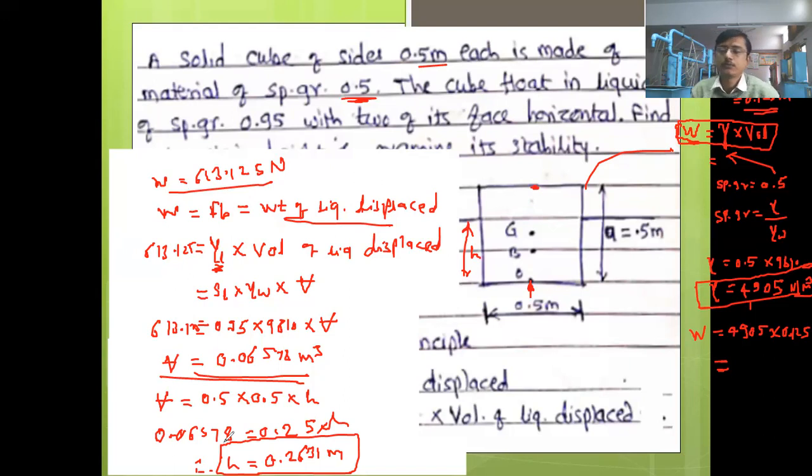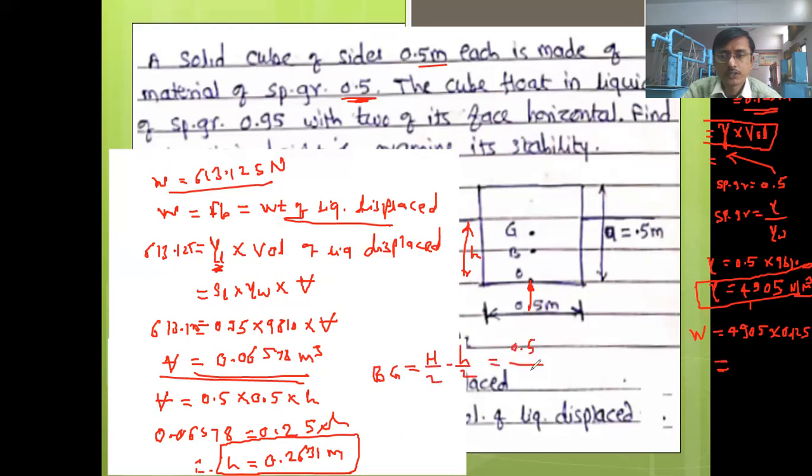BZ काढता येईल आपल्याला नाव. Can we find what is the value of BZ? BZ is nothing but it is capital H by 2 minus small h by 2.